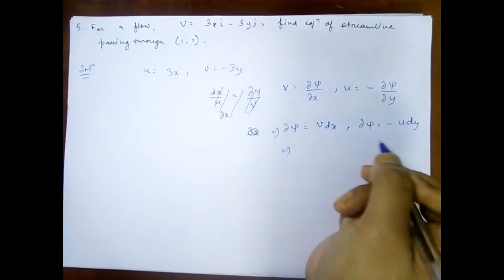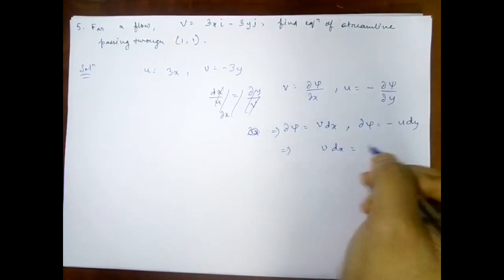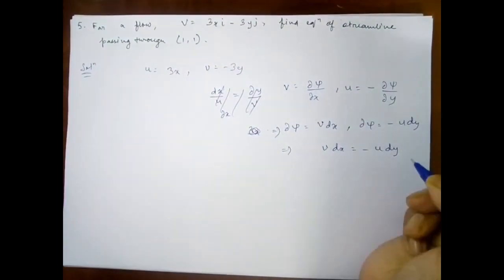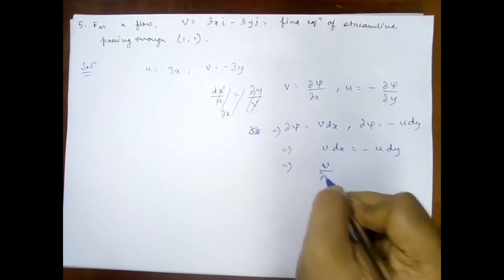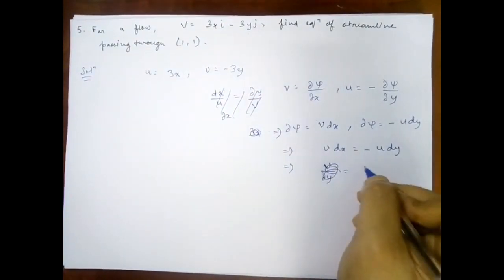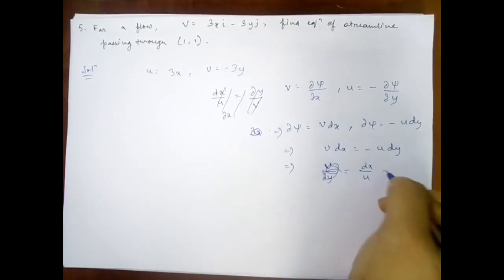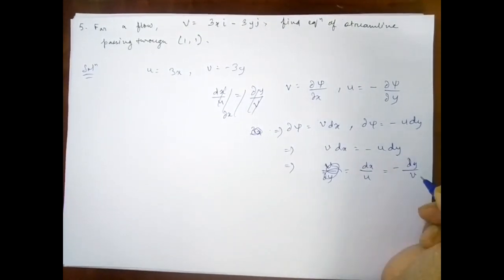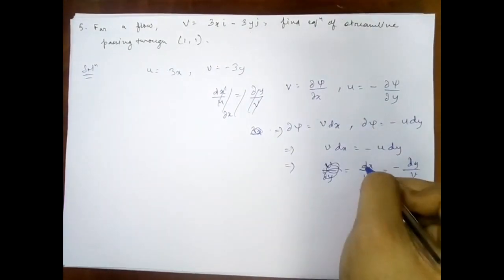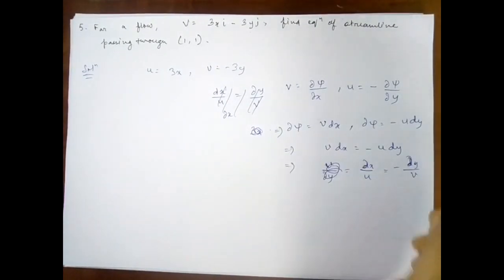So from these two we can say that v dx is equal to minus u dy, or you can write dx upon u is equal to minus dy upon v.